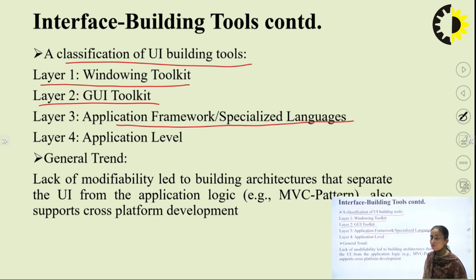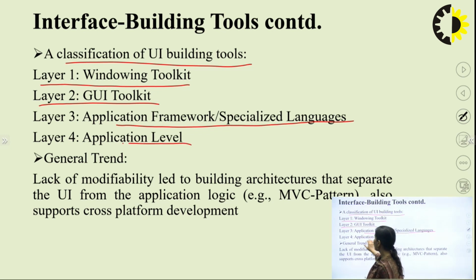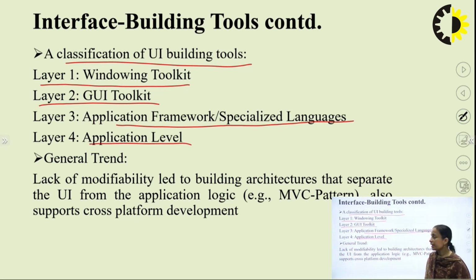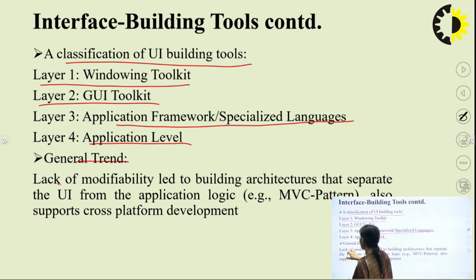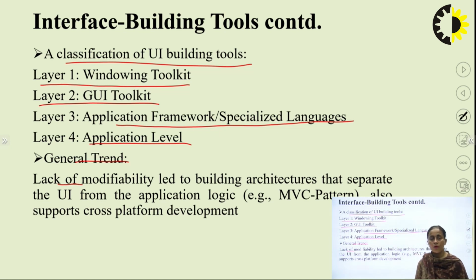And at the fourth layer, the top level, we are talking about the various applications that will be used by the user. What is the general trend? The general trend is a lack of modifiability, meaning the customer wants some customization, and at the last moment it cannot be modified, because the requirements should be clear in the early stages.